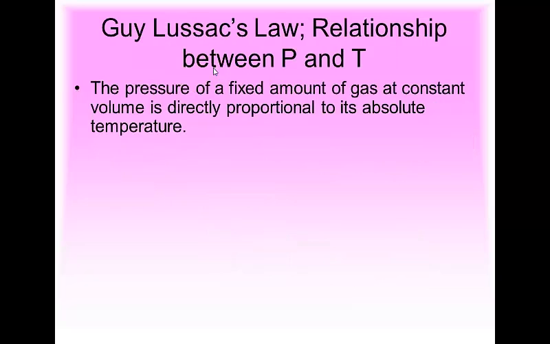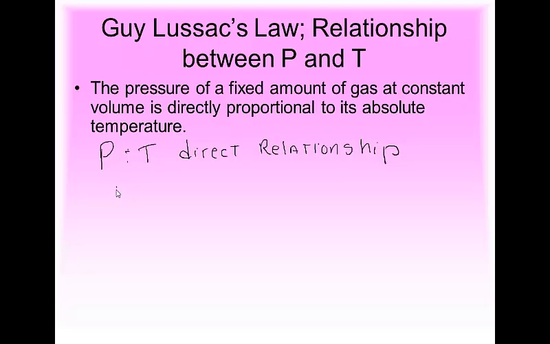Monsieur Lussac's law was a relationship between pressure and temperature, holding volume and N constant. And again, pressure and temperature have a direct relationship. One goes up, the other goes up.